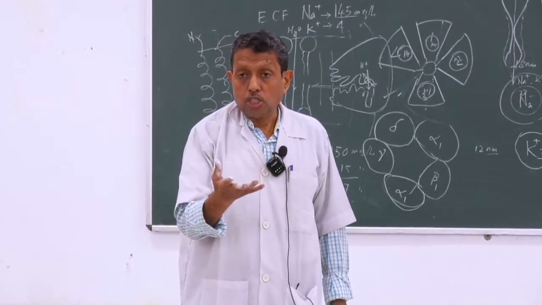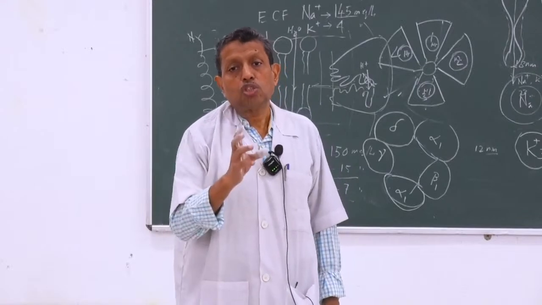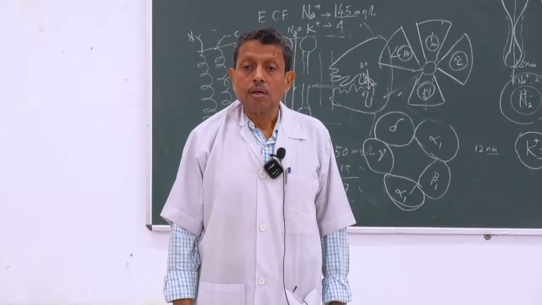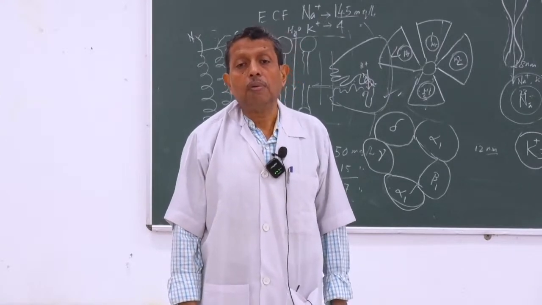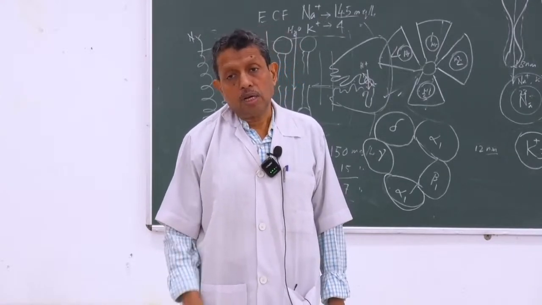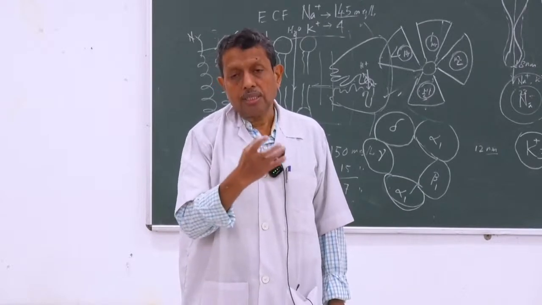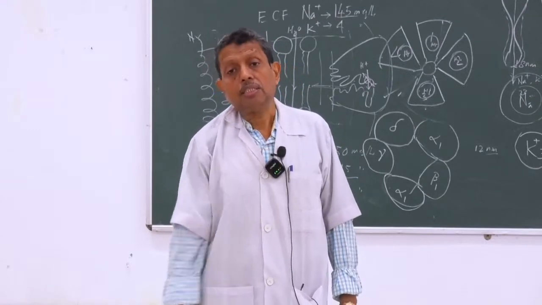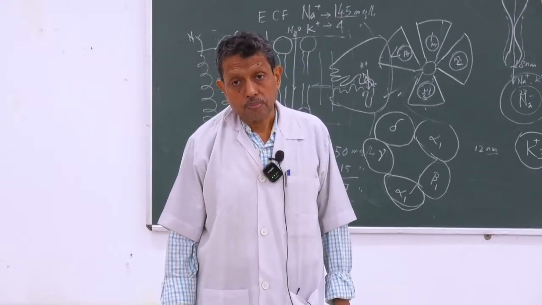So the positive inotropic effect, that is the force of contraction of the cardiac muscle, can increase. It is used in left ventricular failure, or whenever the stroke volume or ejection fraction is low. In some cases it is beneficial.